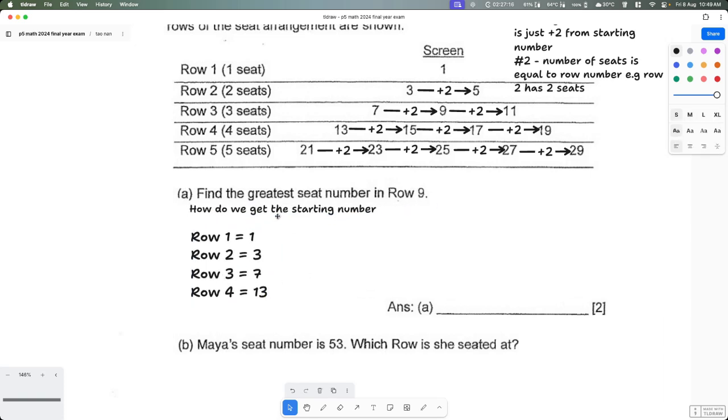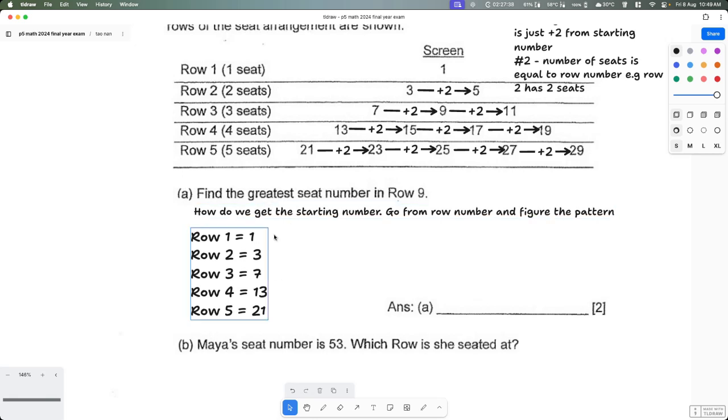So what do you think? Usually go from the row number and figure out the pattern. Row 4 is 13, and row 5 is 21.